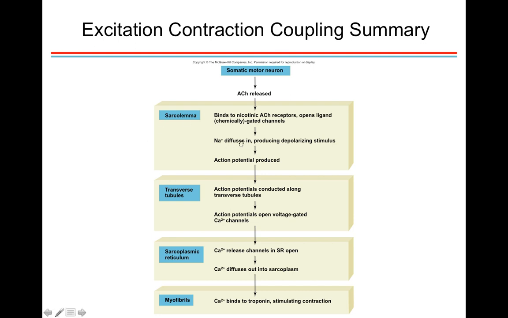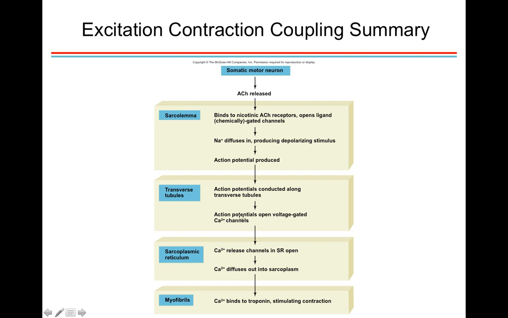As sodium diffuses in, it'll depolarize the sarcoplasm, and this will trigger an action potential. This depolarization will trigger the opening of the voltage-regulated calcium channels found in the sarcolemma. And remember, the sarcolemma is the boundary between the sarcoplasm and the transverse tubule. The transverse tubule has more calcium in it than the sarcoplasm. And when the ion channel is open, the calcium will rush into the sarcoplasm.